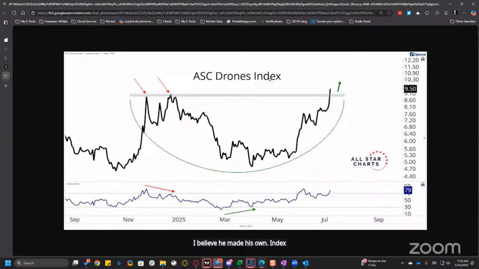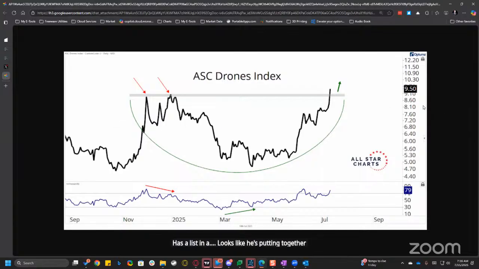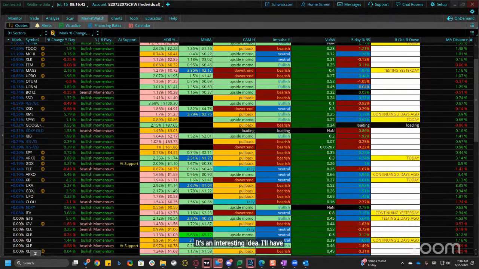You know how we take all the Mag 7 names and put them together to make our own index? We just used the plus sign on Thinkorswim or TradingView, and you can just make your own index. Well, JC Perez has a list in it. It looks like he's putting together something on the drones. It's an interesting idea. I'll have to flesh it out.